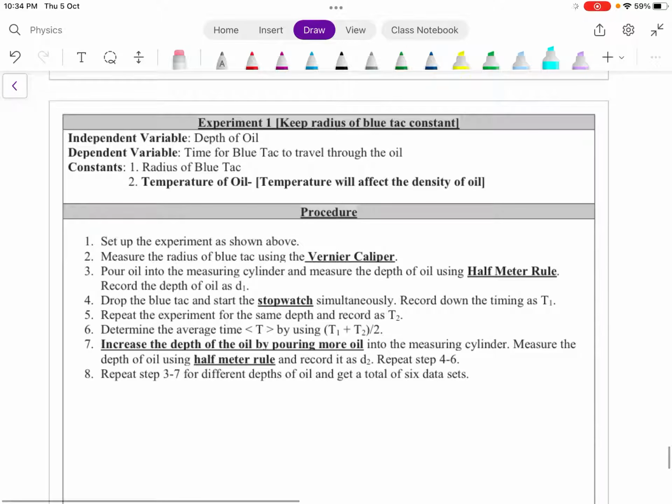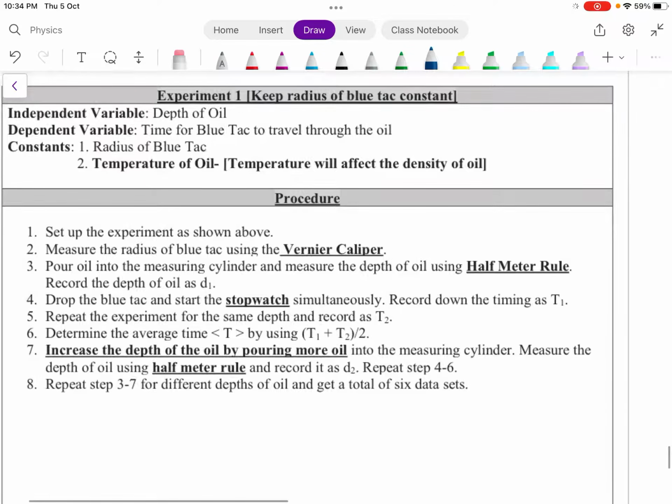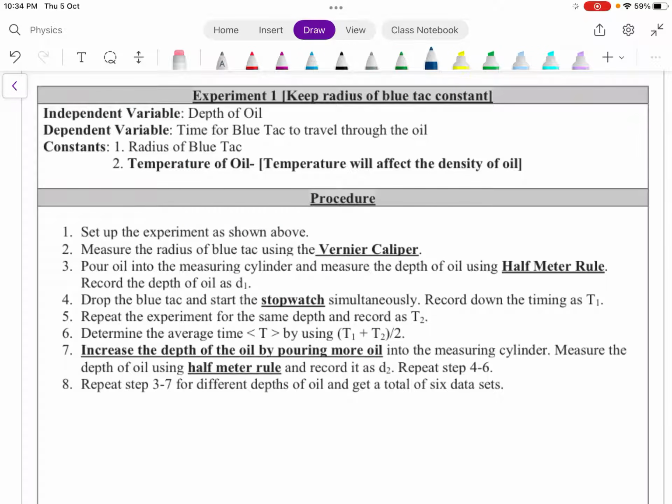After we are done with the V, we go to the procedure. First, set up the experiment as shown, and measure the radius of the blue tag using the vernier caliper. You can use the analog vernier caliper or the digital vernier caliper. But apparently for step number 2, try not to say measure the radius; try to say measure the diameter of the blue tag using the vernier caliper. How do we get the radius of the blue tag?